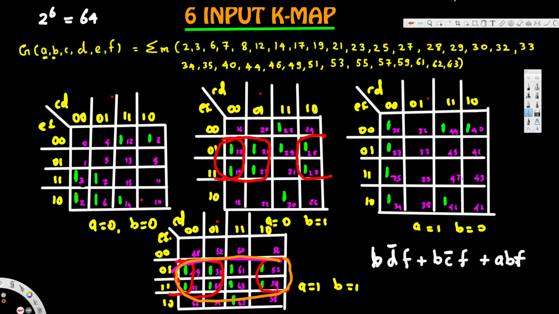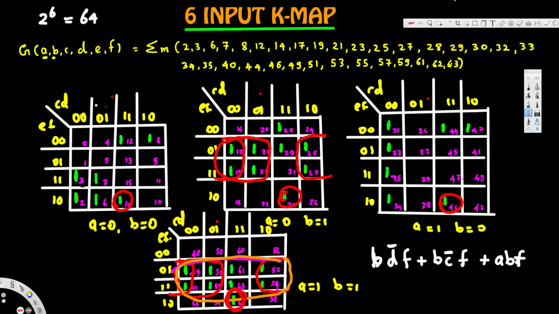Now if you look at this one here, and here, and here, and this one here, all of them are in the same location, so we can combine these into 4. If we do that, A and B are changing because A is 0, 0, 1, 1 and B is 0, 1, 0, 1, so we cannot take these two.